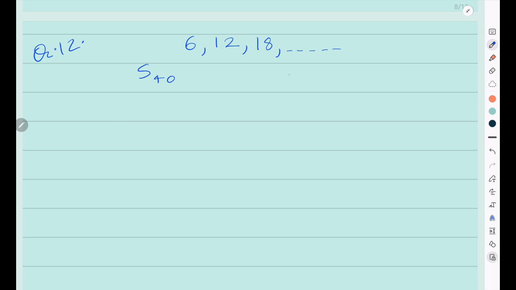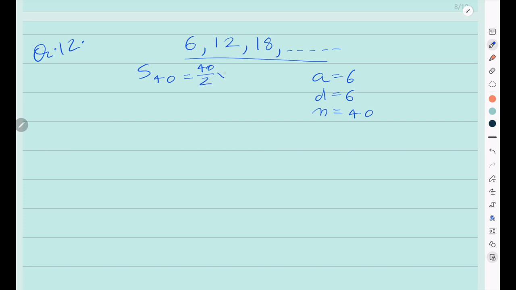So from this series, we can very well make out that the first term is 6 and the common difference is also 6. And n means we want to know the sum of the first 40 positive integers. So we can just apply this formula.